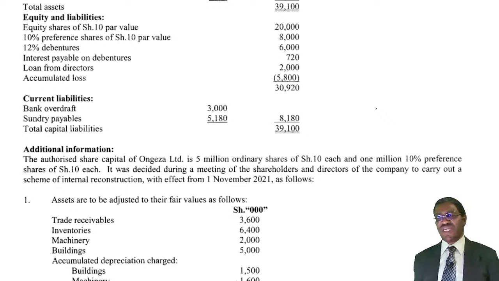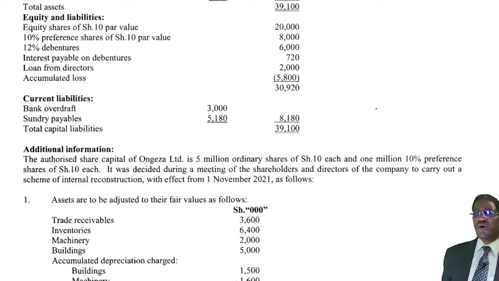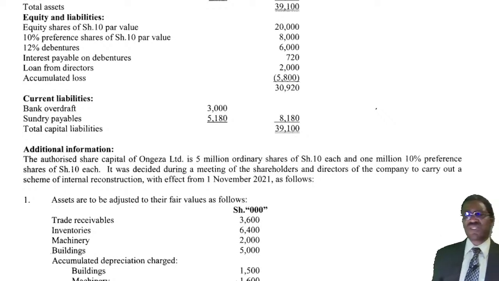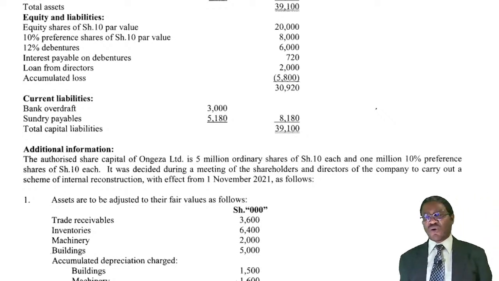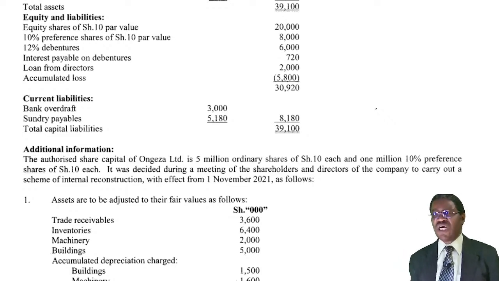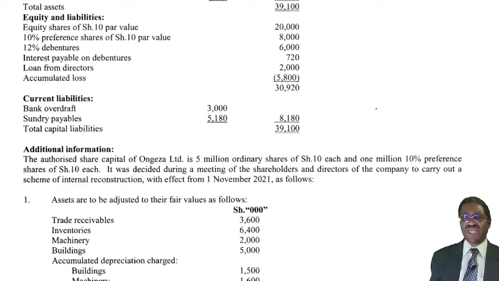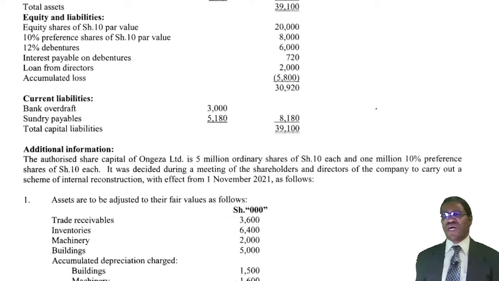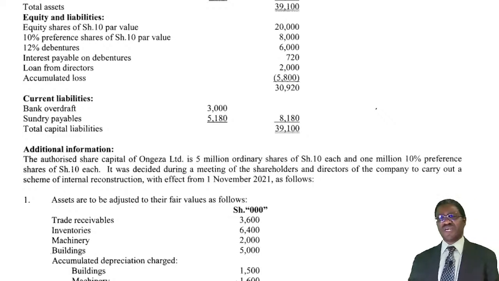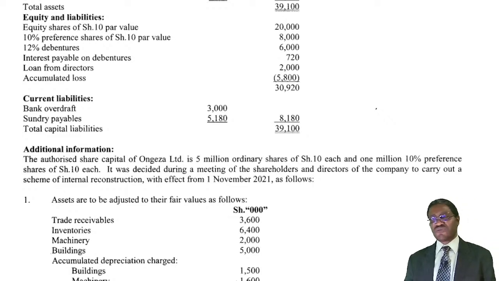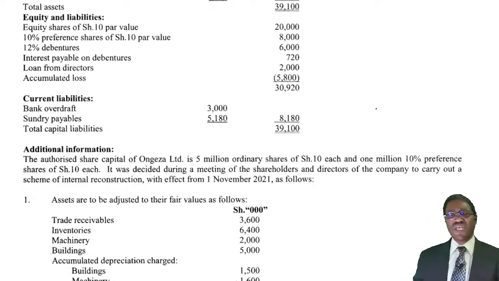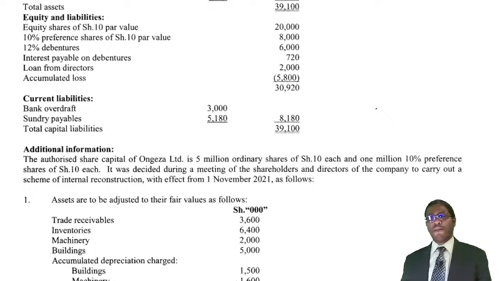It was decided during a meeting of shareholders and directors of the company to carry out a scheme of reconstruction with effect from 1st of November 2021 as follows. Assets to be adjusted to their fair values as follows. Next, that is trade payables. You are given inventory, machinery, building.